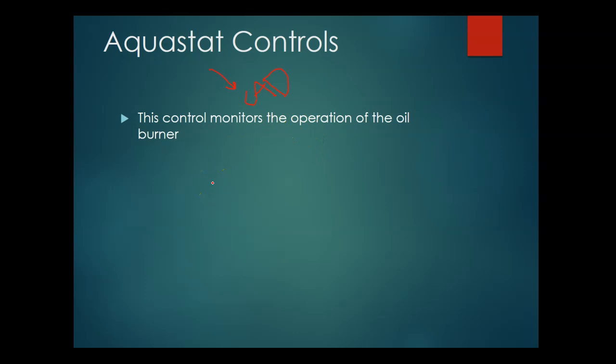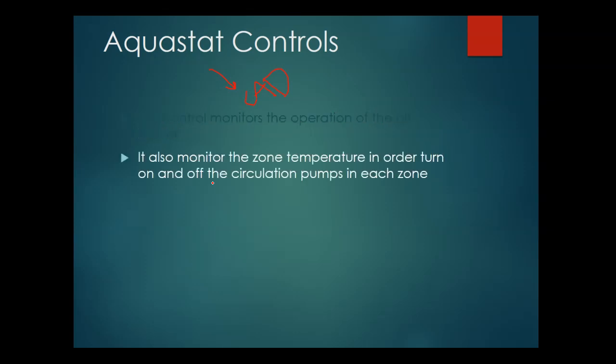I'm going to use the CAD controller and the primary controller interchangeably, so you will hear that as we go along. And the aquastat will monitor the zone temperature through the thermostat, and it will turn on and off the circulation pump. So the circulator pump will be turned by the aquastat, but that's only one circulator pump.